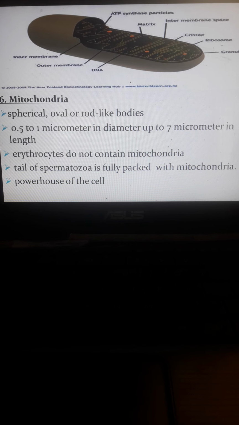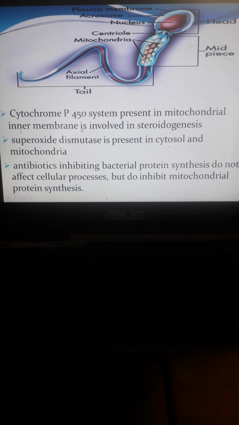Mitochondria are the powerhouse of the cells, because energy is utilized and produced in the form of ATP. It has an inner membrane and an outer membrane. It also contains DNA, granules, ribosomes, cristae, inner membrane space, matrix, and ATP synthase particles, which are used for the generation of energy in the form of ATP.